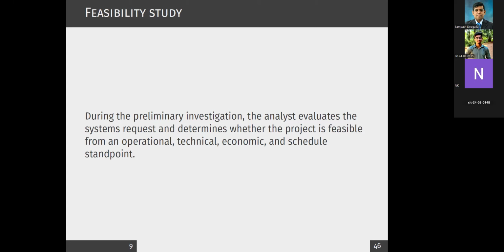Every software comes with service agreements, so when you need updates, you have to pay for them. Last one, schedule feasibility. Schedule means you might have some time frame, and whether you can actually finish within this time. That is also an important thing that we have to determine.